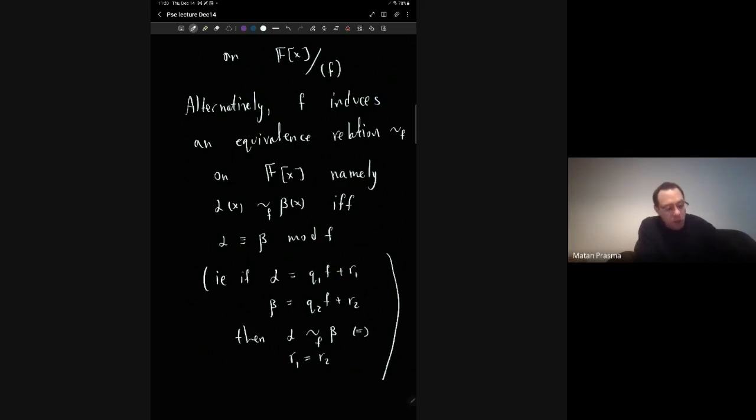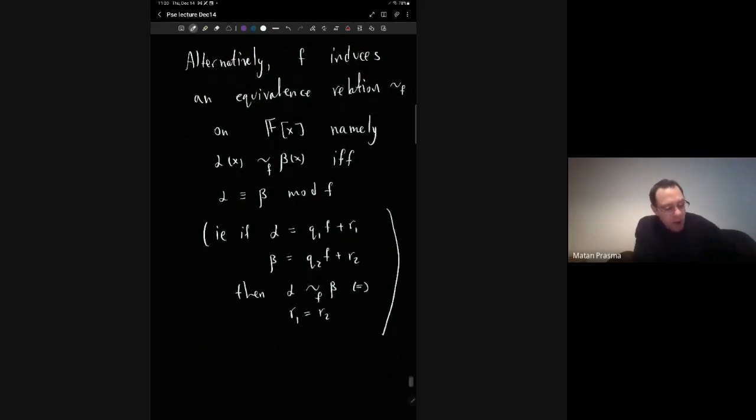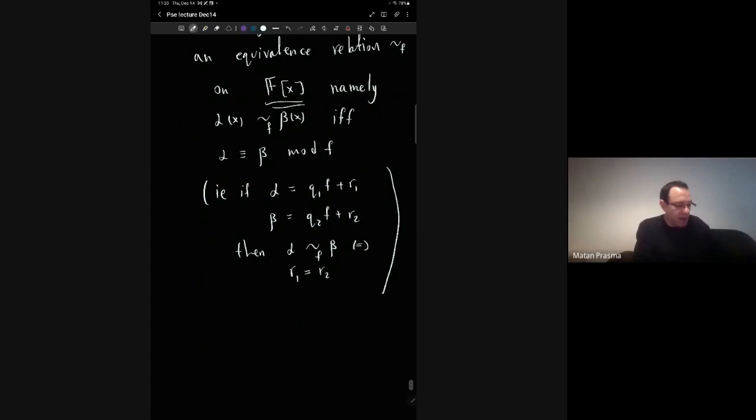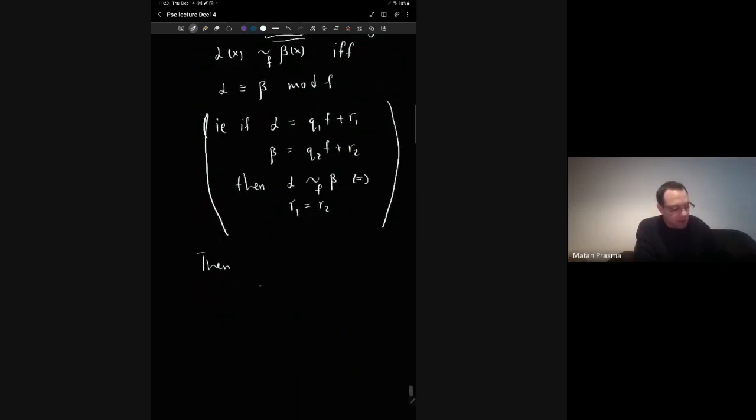Okay, so now once I have defined an equivalence relation on all the polynomials, I can take the quotient set. I can do F[x] modulo this equivalence relation that I denote tilde f.